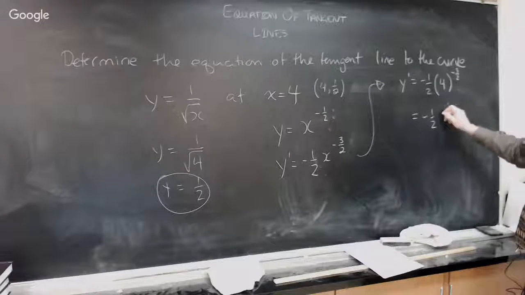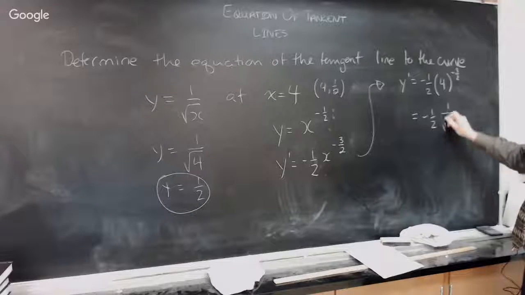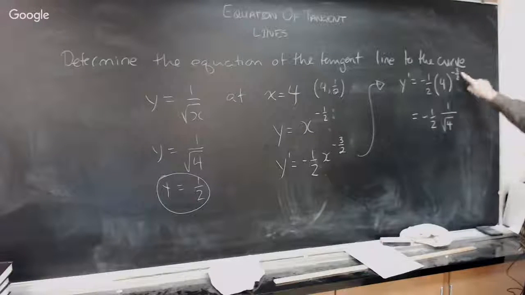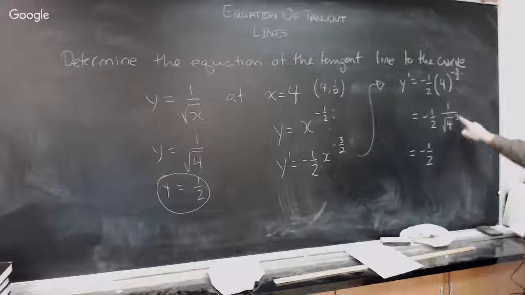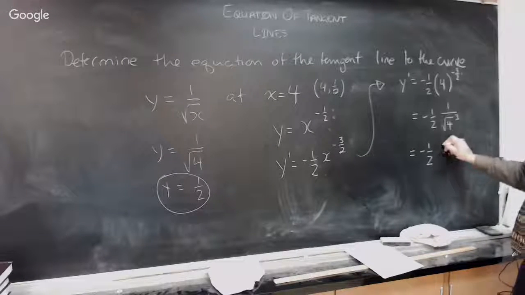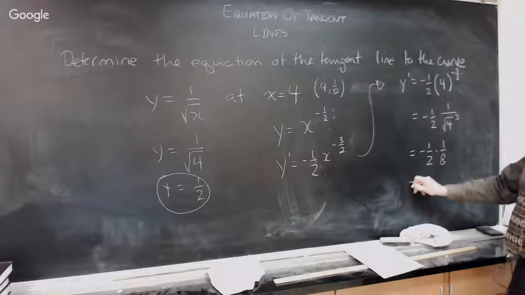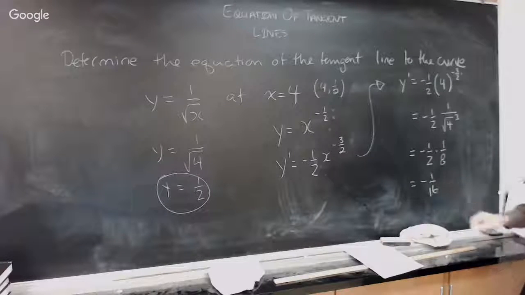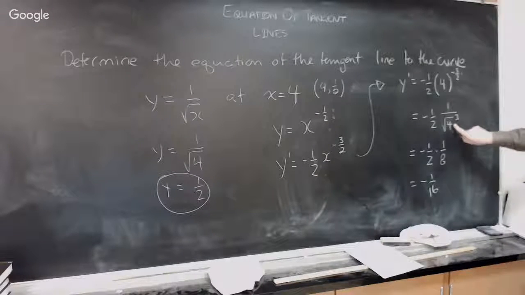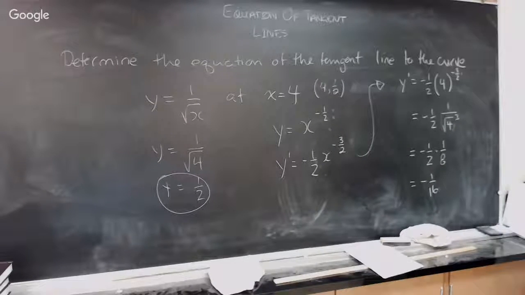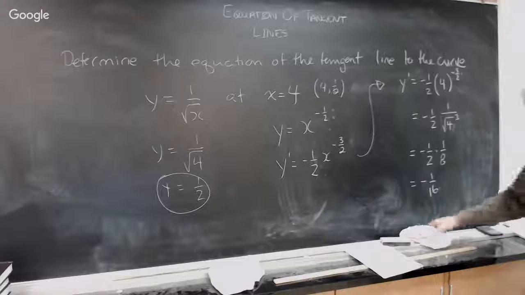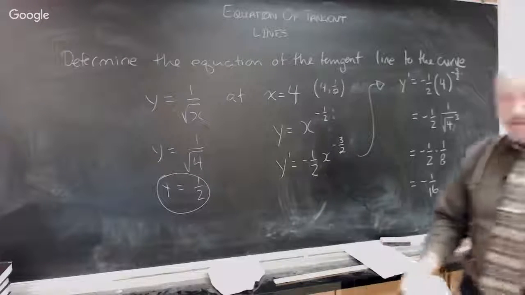So that's 1 over the square root of 4 cubed, times -1/2, times 1/8. Sorry, that's the square root of 4 cubed, so that's 2 cubed, so it's 1/8. When I do the product, I get -1/16. Jeff, did I do that right?